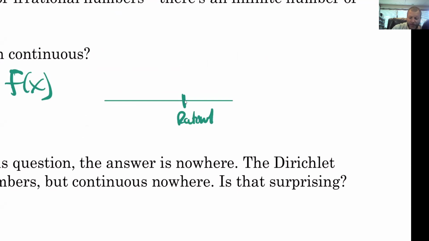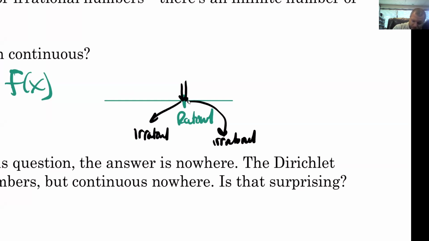There's a rational number between any two irrational numbers and vice versa. There's an irrational number between two rational numbers. So if I get delta close to this rational number, there's going to be irrational numbers. So in terms of what this function would look like, at the rational number, we'd be at 1, but at both those irrational numbers, we'd be at 0.